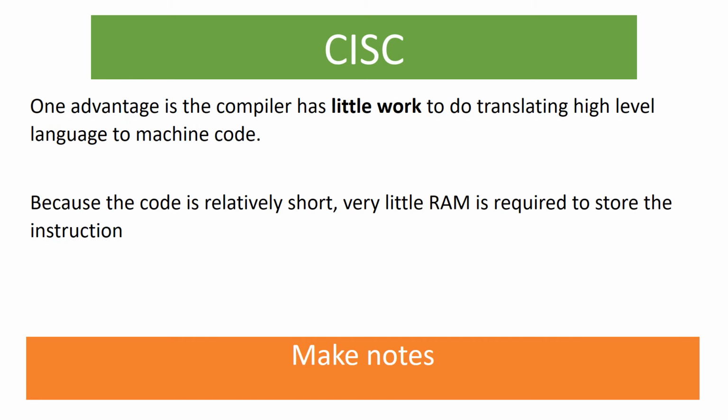One of the big advantages of CISC is that the compiler doesn't actually have that much work to do when it's converting that high-level language into machine code. That's because it's relatively short, and as I've said, less RAM is needed. It's only got one instruction, one space in RAM is required.